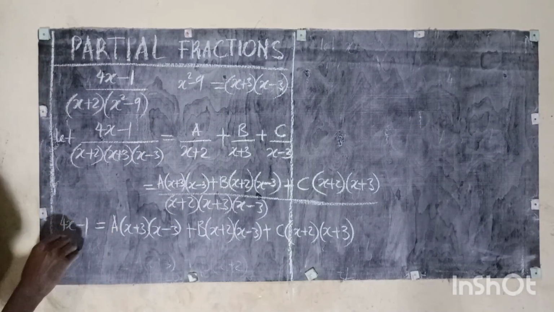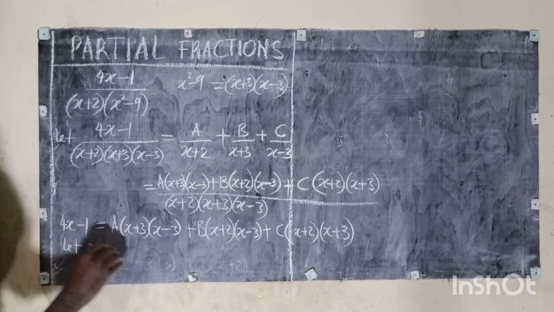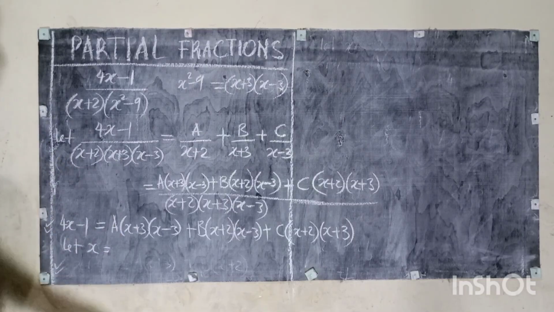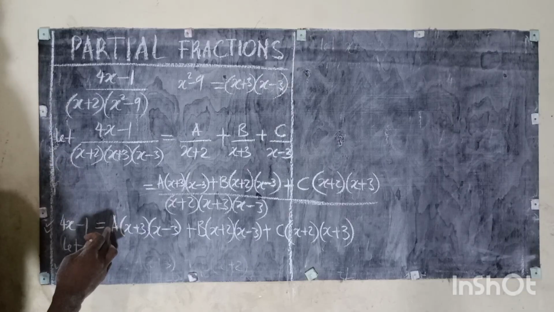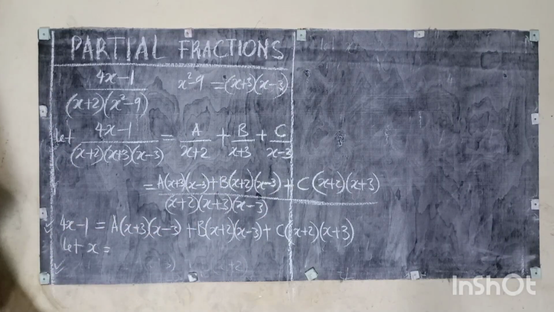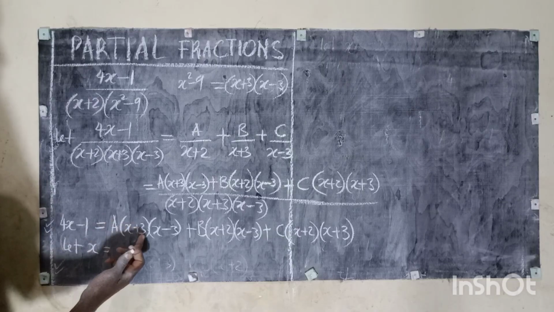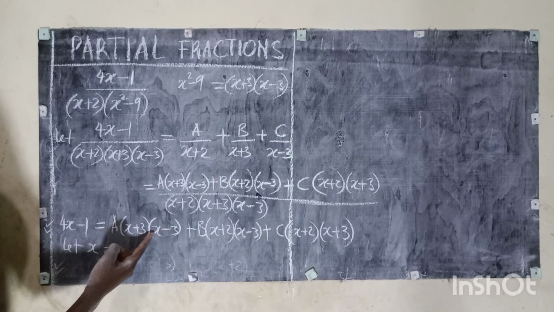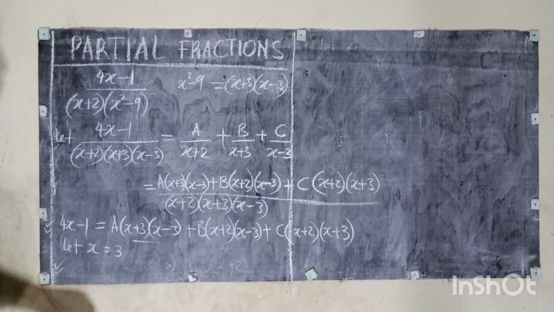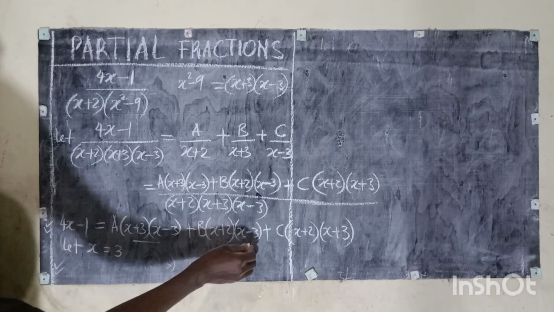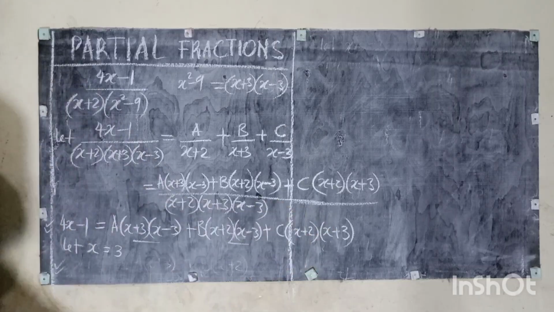From this stage you will let x be a certain number, and you will be able to get all these constants, A, B and C. For instance, I can intentionally let x be 3, which will make this a 0. It will also make this bracket a 0, so I remain with only that.